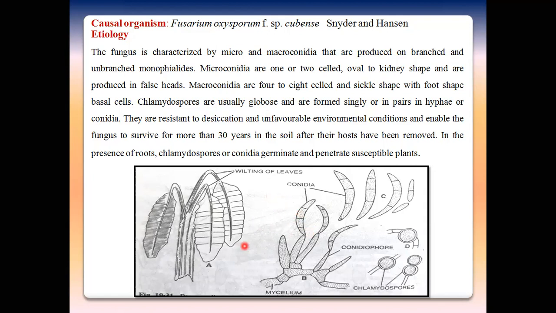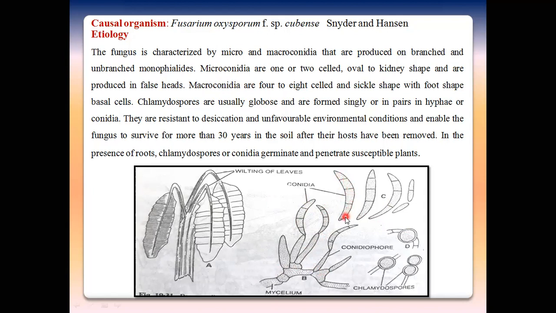After that, this fungus develops spore fruits, known as sporodochia. Inside the sporodochia, conidia and conidiophores are produced. Two types of conidia are mainly produced: macroconidia and microconidia. You see this conidia is known as the macroconidia.